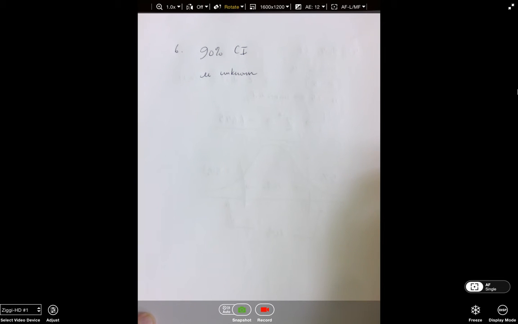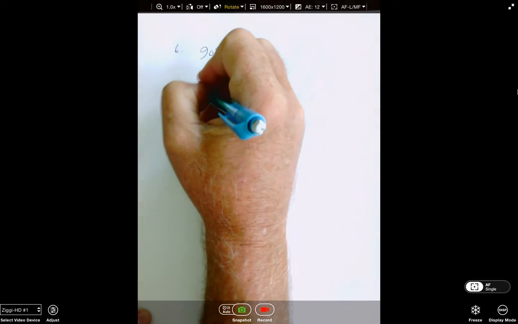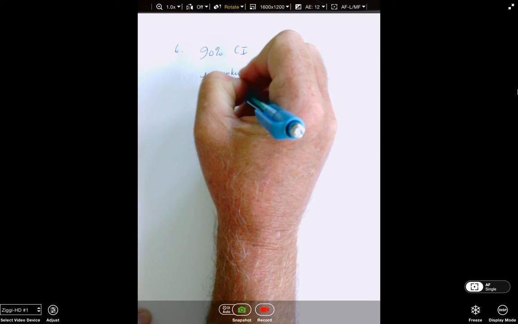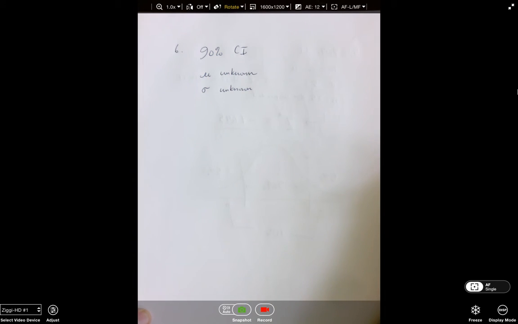Well, I'll tell you what. I made a mistake there. I copy and pasted and didn't edit. What I meant to say in number 6 is that sigma is also unknown. So that should say a 90% confidence interval was calculated for an unknown mean with an unknown population standard deviation.